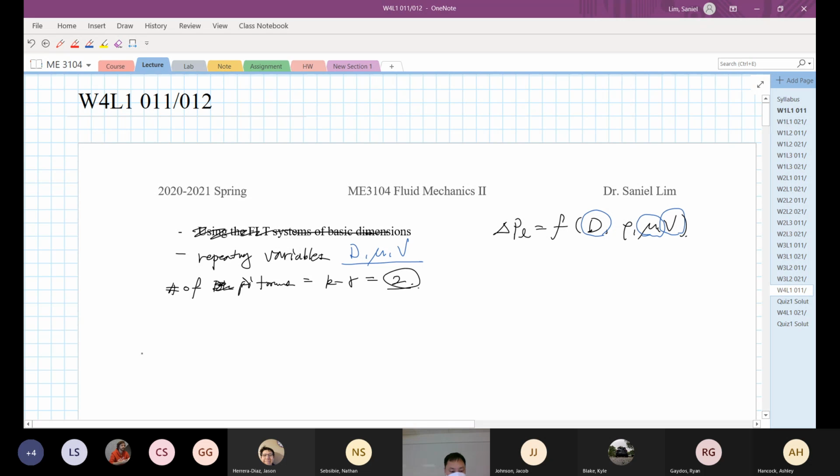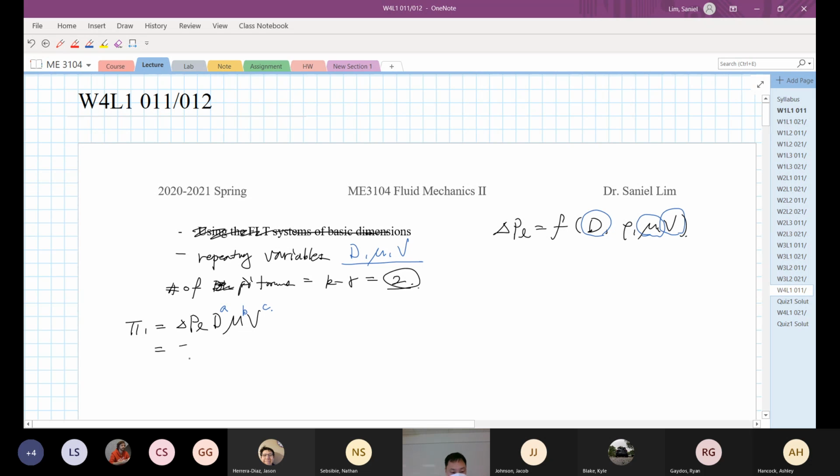So first pi: this is the dependent variable that we are trying to figure out. Then we have the repeating variables D, mu, V, and you can just put the exponents here, a, b, c. So everything's the same except for the mu now.